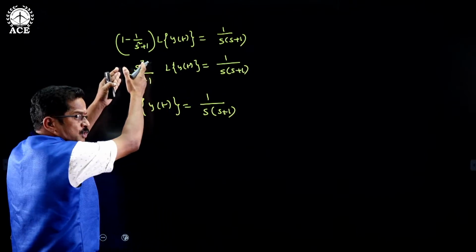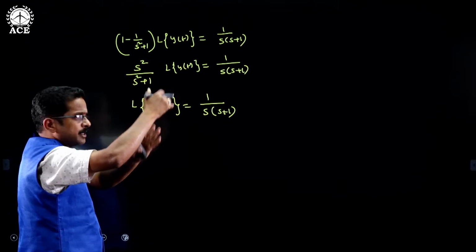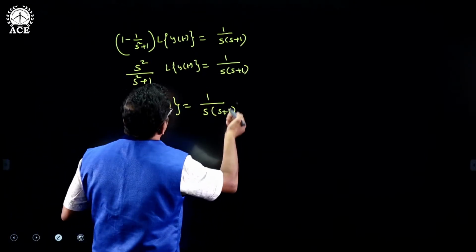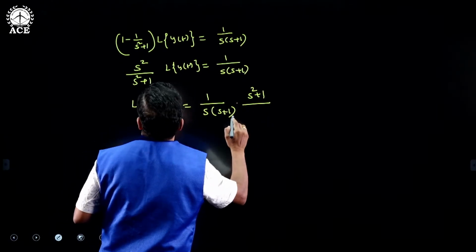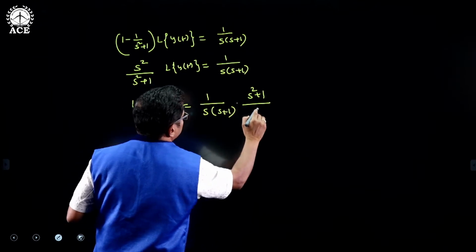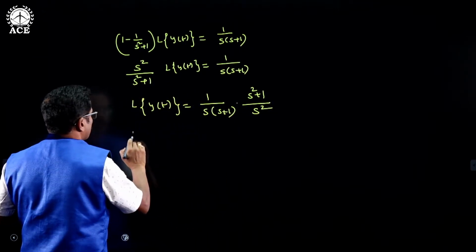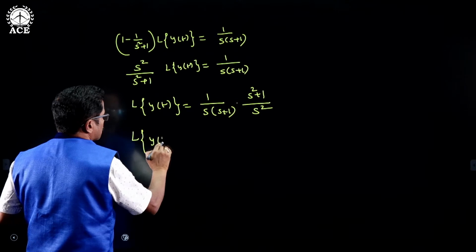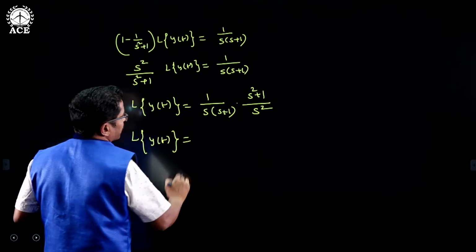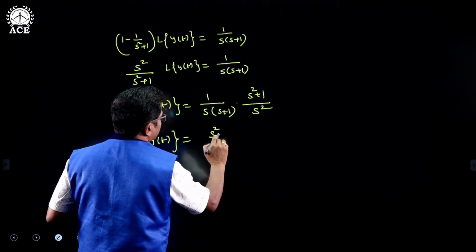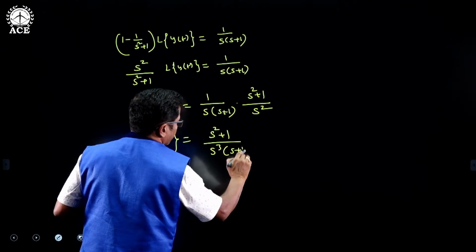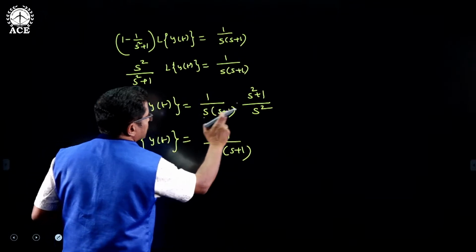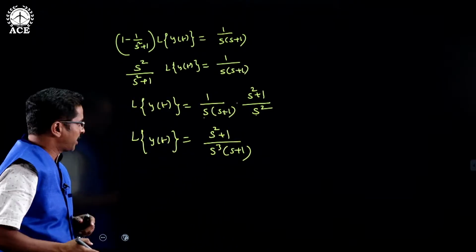When I take s square by (s square plus 1) to that side, it gets inverted, that is (s square plus 1) by s square. So L of y of t equals, on simplification, (s square plus 1) by s cube into (s plus 1). (s square plus 1) by s into s square is s cube into (s plus 1).